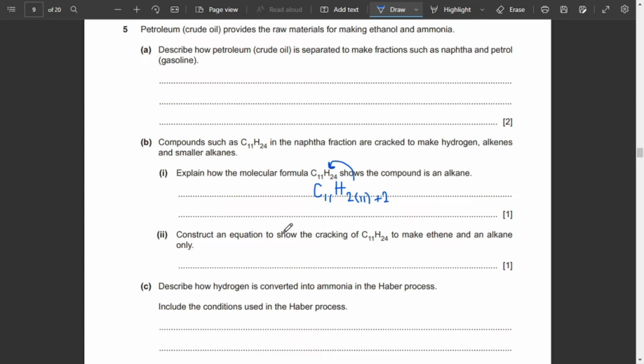Moving on to part 2, construct an equation to show the cracking of C11H24 to make ethene and alkane only. In this cracking process, we are basically cracking C11H24 and we are making ethene out of it and we are making an alkane out of it. So how are we going to do it? Let's construct the equation.